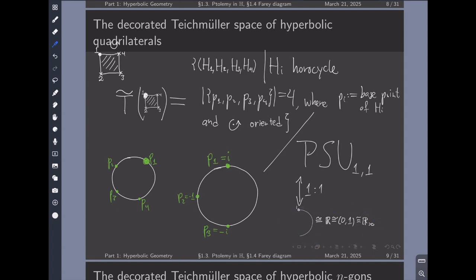Since I'm talking about ordered horocycles, so that there's a first horocycle, for the first 3 base points, you can set them to be exactly these ones, and then for the fourth one, it is some point in the interval between -i and i, with some horocycle.